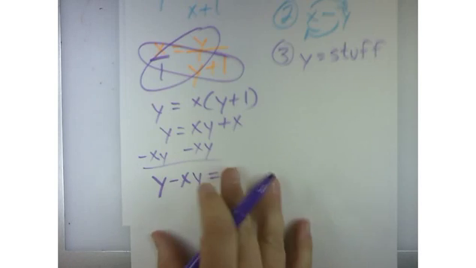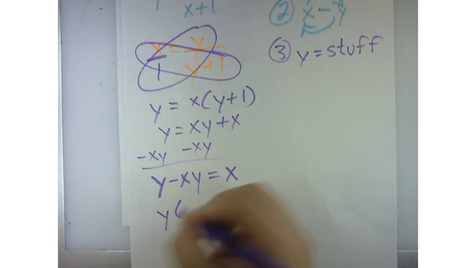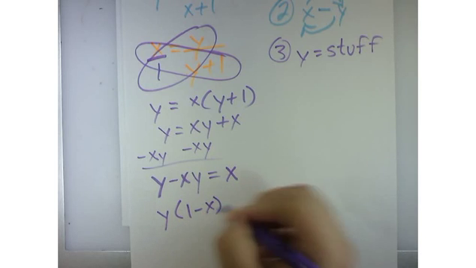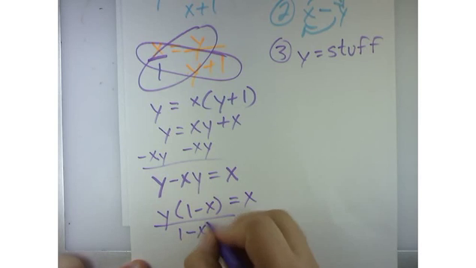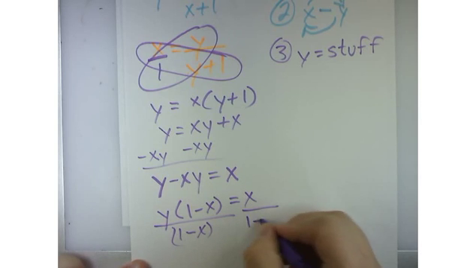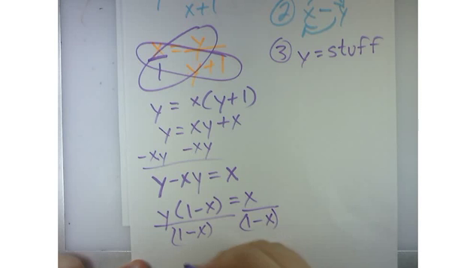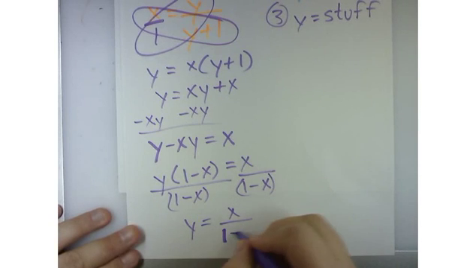This is the tricky part. If I factor out a y, I get y times the quantity 1 minus x equals x. Then I divide both sides by 1 minus x. And so I get y equals x over 1 minus x.